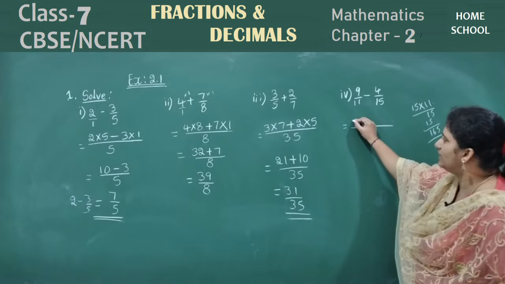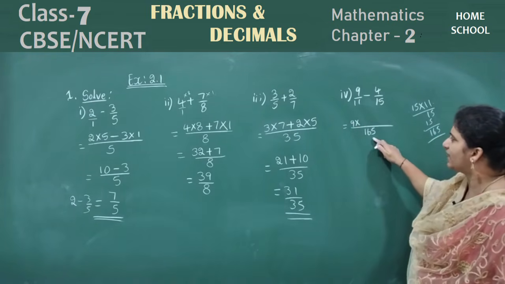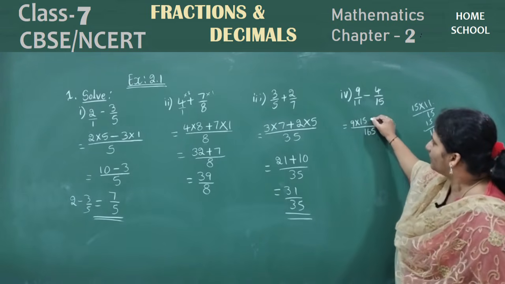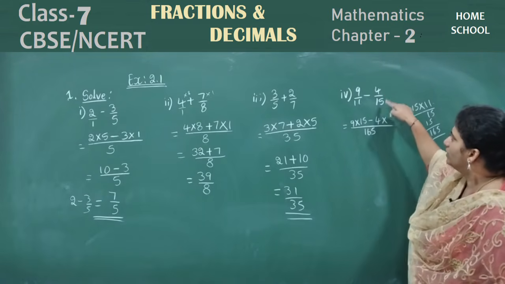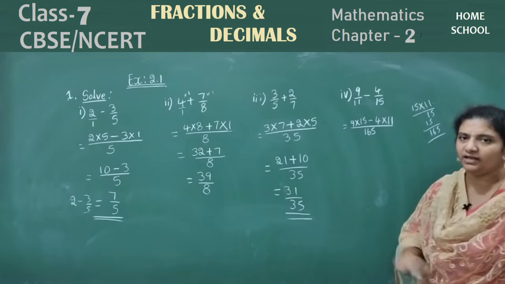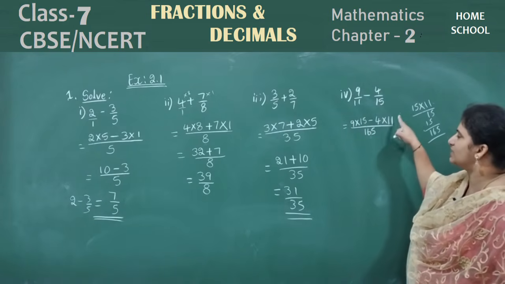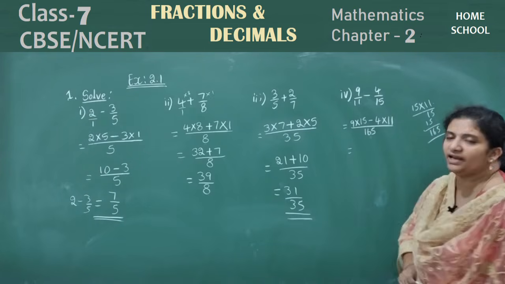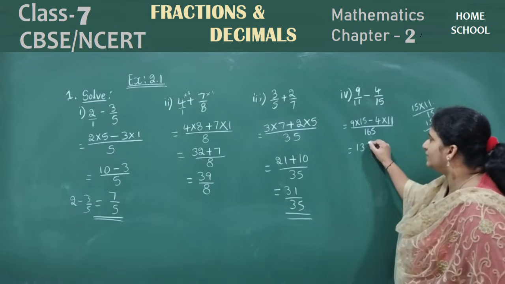So for 9, in the 11 table where you will get 165? 11 15s are 165. So that 15 you multiply here, minus 4 into 11. Right? In the 15 table where you get 165, 11s are. So multiply here. So that will be 15 9s are how much here, children? 135.